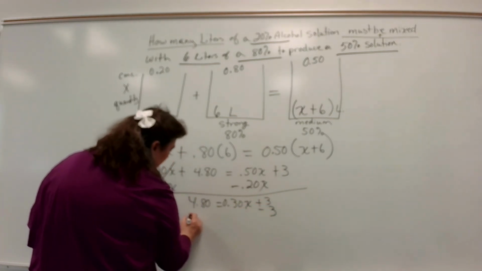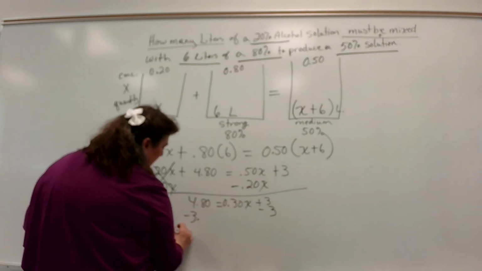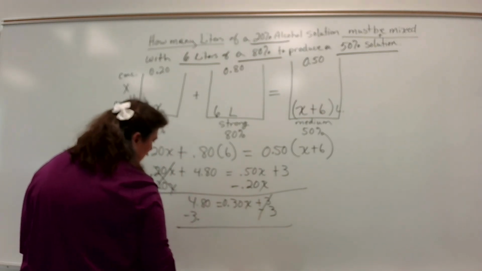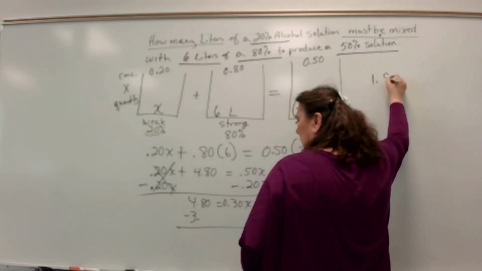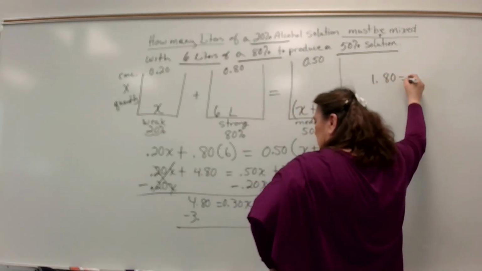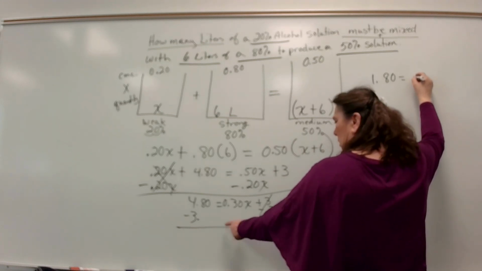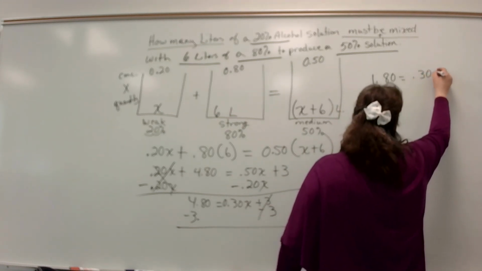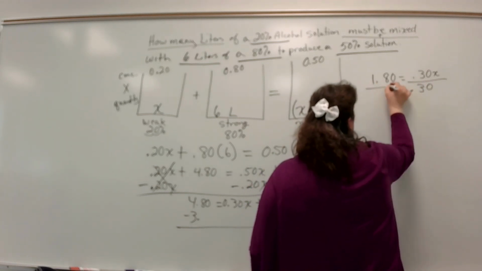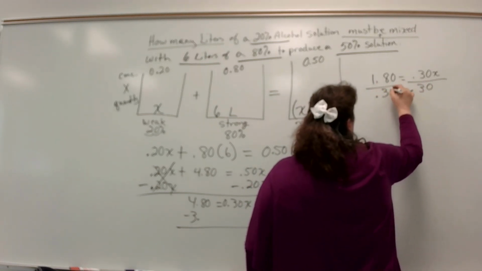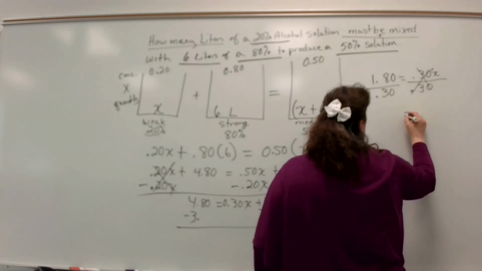Now subtract your 3, and don't forget, line up your decimal, that makes 1.80 equal to 0.30x. Divide by 0.30, that becomes 1, leaving you x.